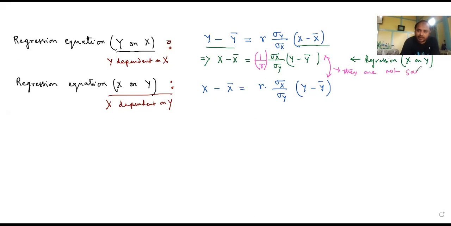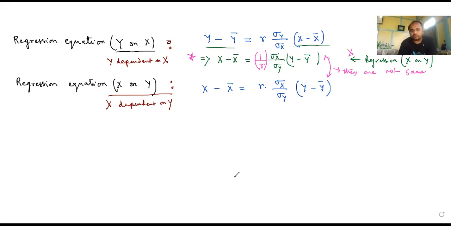Remember, if you write it like this, it is actually not the regression equation of x on y. You are actually writing the regression equation of y on x in a different form. So you have to be very careful that this should not be done.